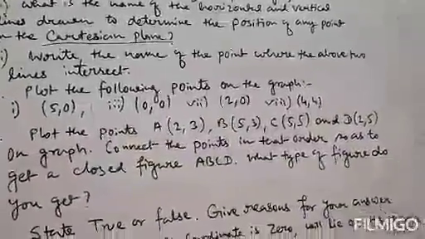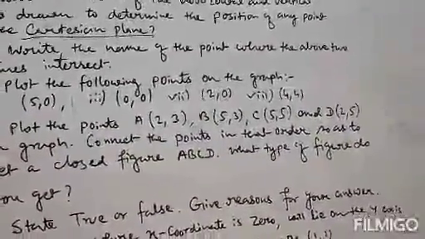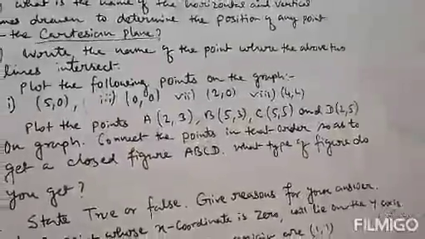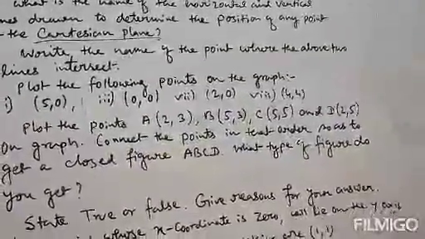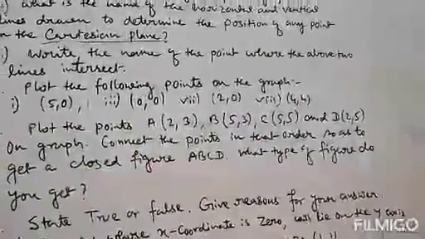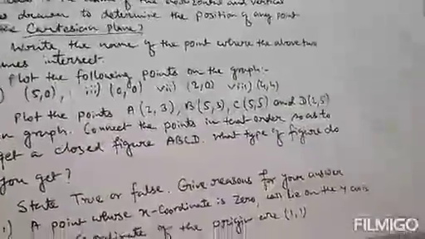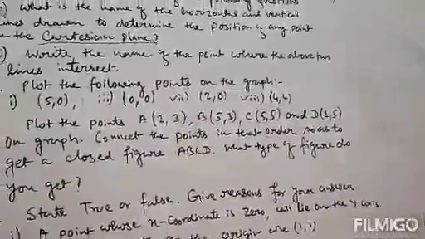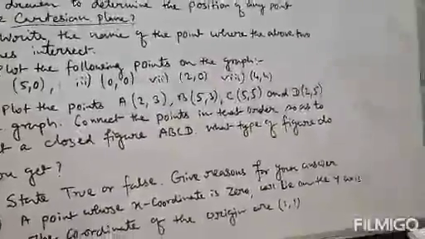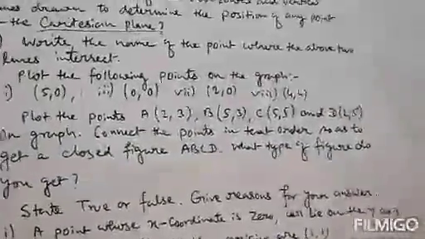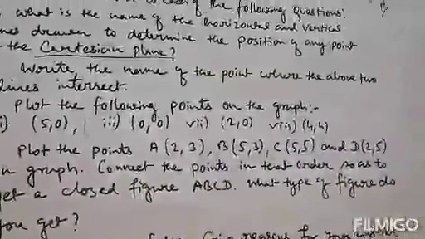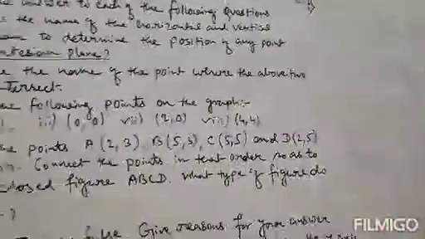So practice both types, because in your exam, if graph paper is provided, then you can plot these points on graph paper, or you can plot them by drawing a normal x-axis and y-axis in your copy. Clear? Currently I don't have graph paper, so I am plotting these points manually by drawing the x-axis and y-axis.